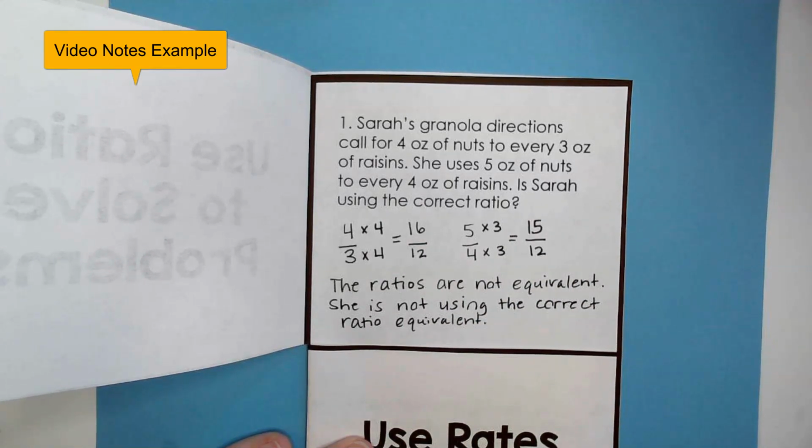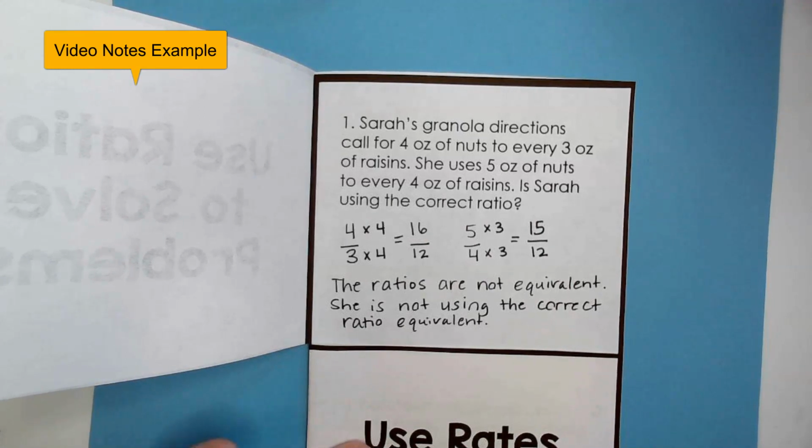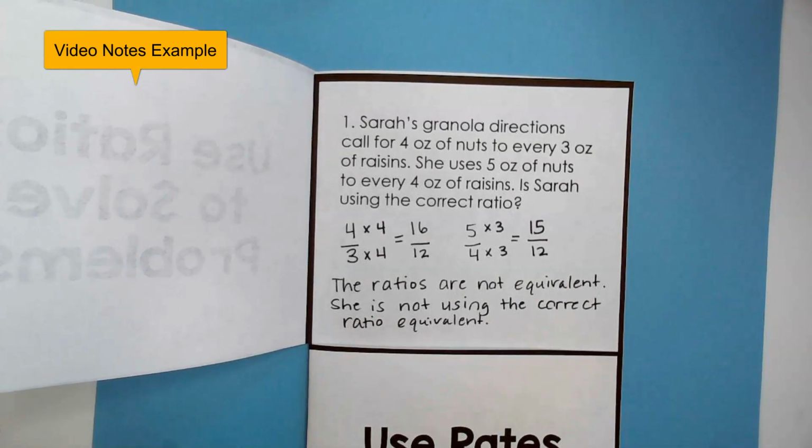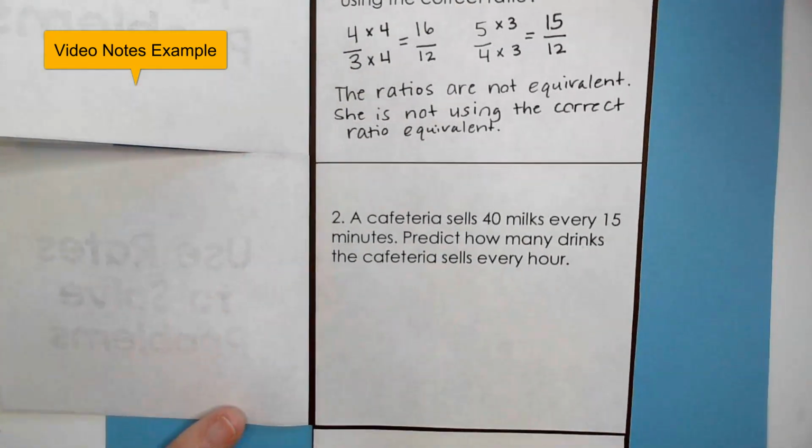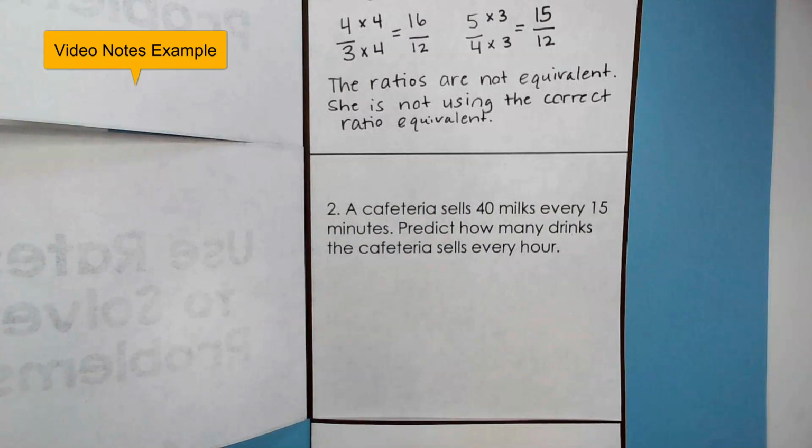Okay, let's go to problem number 2, using rates to solve problems. For problem number 2, a cafeteria sells 40 milks every 15 minutes. Predict how many drinks the cafeteria sells every hour.